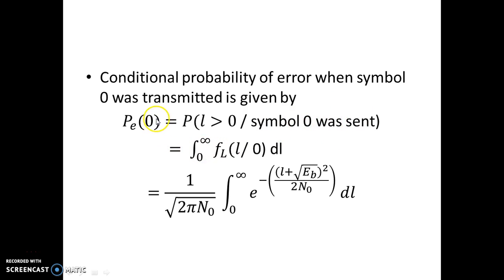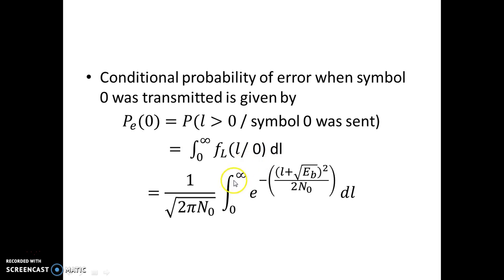How do you obtain the probability from the PDF? We integrate it over L, and remember, L varies from 0 to infinity. The value of L which gives a wrong decision is from 0 to infinity, a positive value in short.